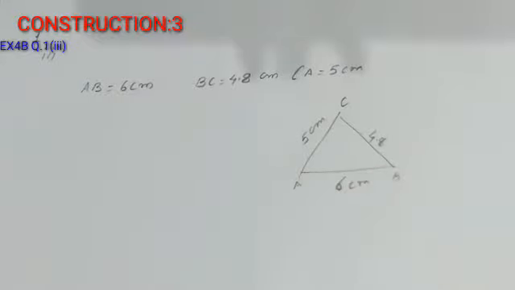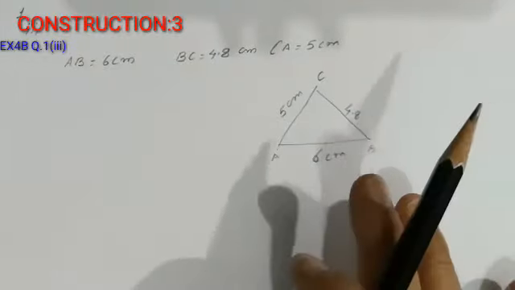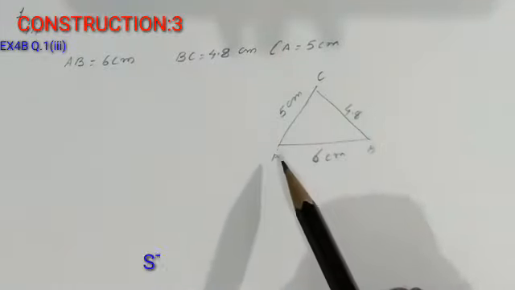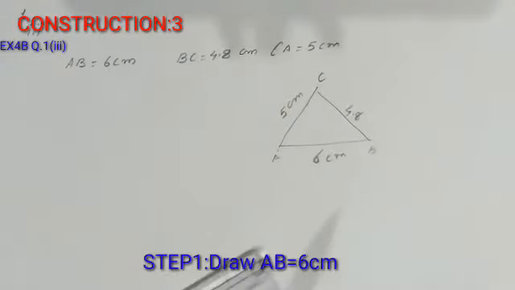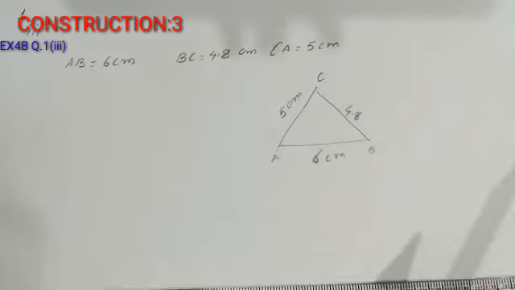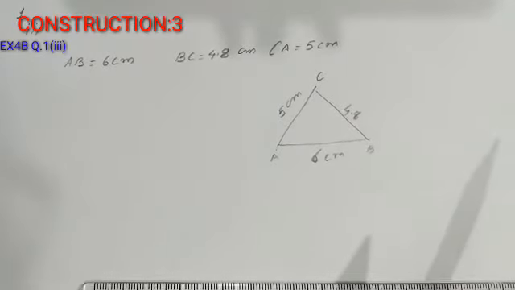Very easy, simple. Let's move to the first step. Draw a line segment AB of 6 centimeter. So keep your ruler and proceed.